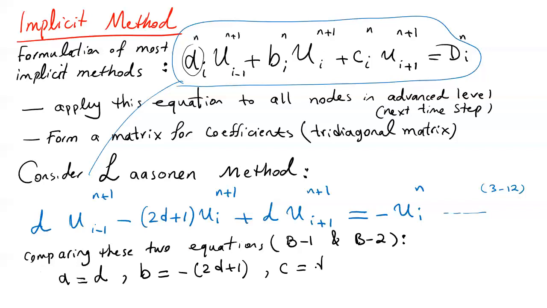C equal another D. And D is my right-hand side, because sometimes it's not simply minus U(i). If you have a boundary condition, if you're close to the boundary, you have more than this. You have to add another boundary term to cover that. So are you following so far? Yes. So again, this is a general form. For this approach, we can show it is going to be in this form, that A, B, C, and D have a known value.